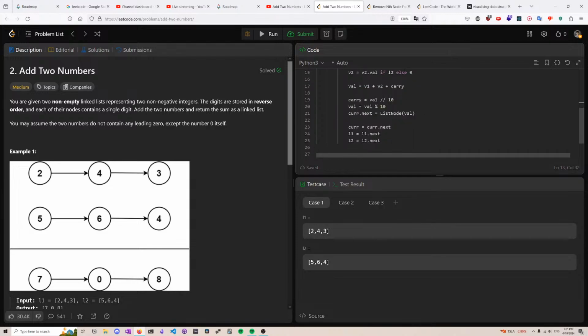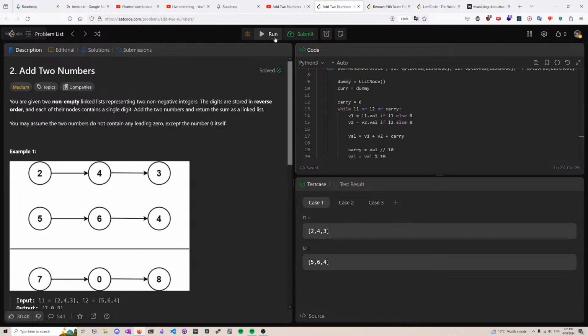So we run through the iteration with the carry, and then we end. After we exit the loop, we can return dummy.next, which will give us the first node of our list.